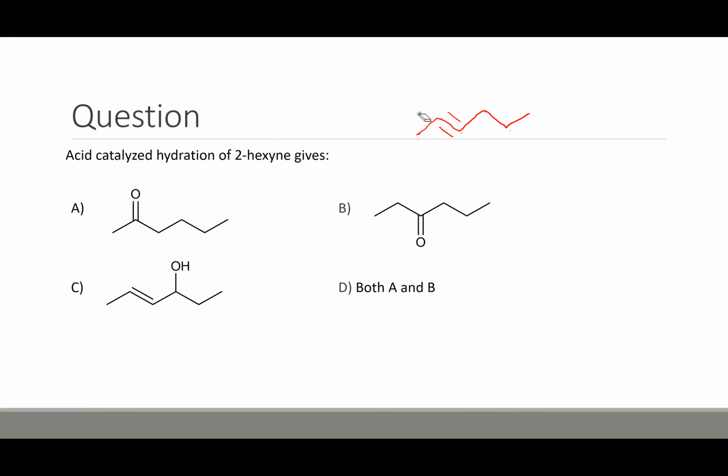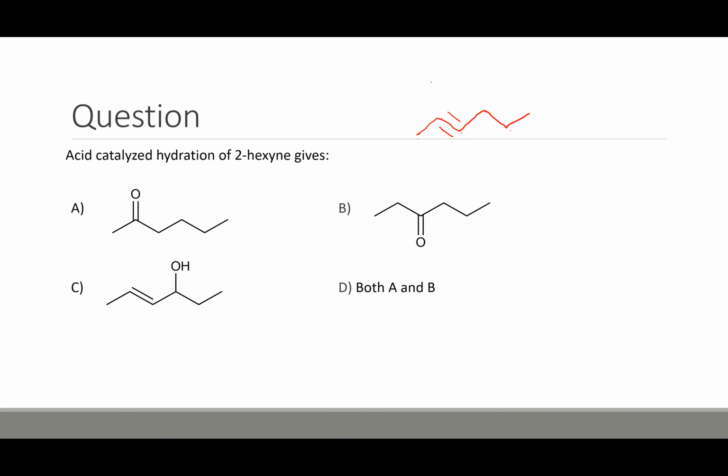Now, if I were to hydrate this triple bond, think first about adding on an alcohol. The first part of it, we're going to add some oxygen group on here, and it's going to follow Markovnikov rules. This is still a type of addition reaction. So we still want to follow where the most substituted carbon is.